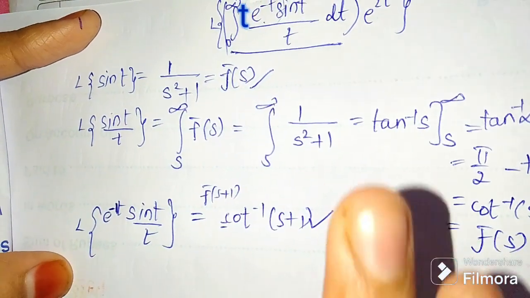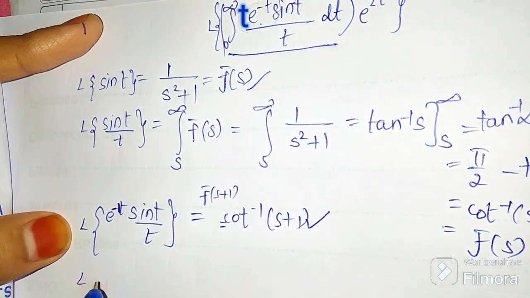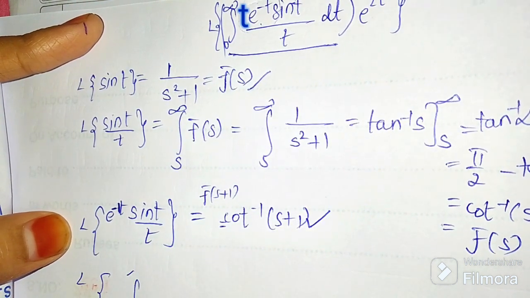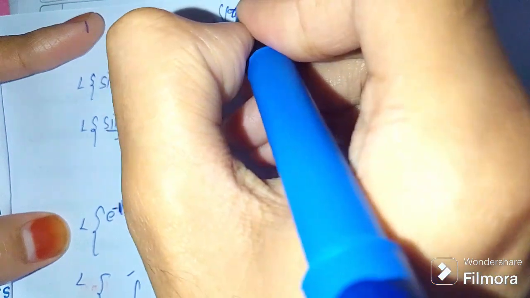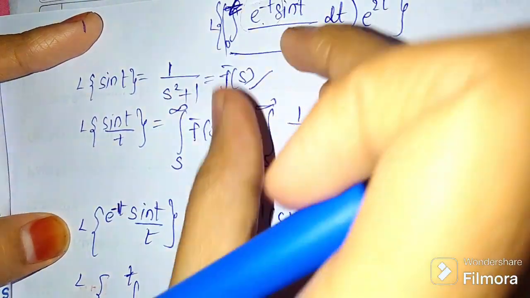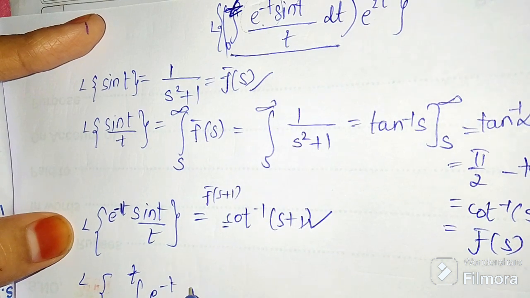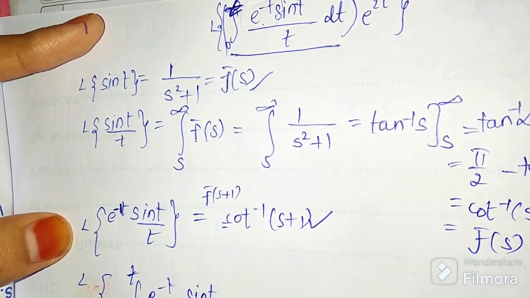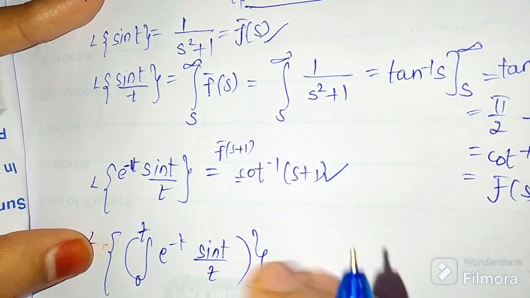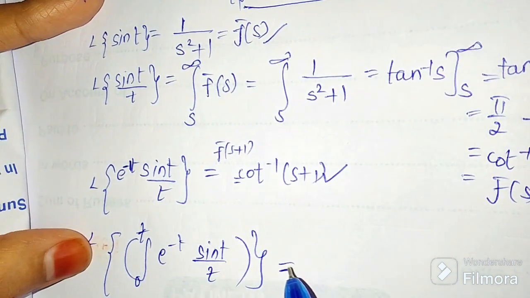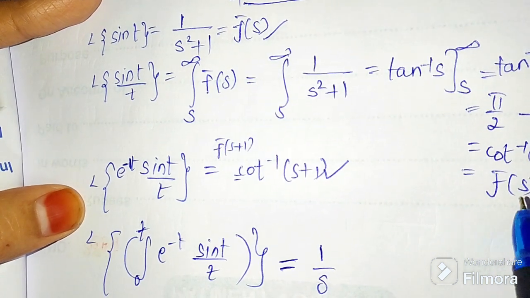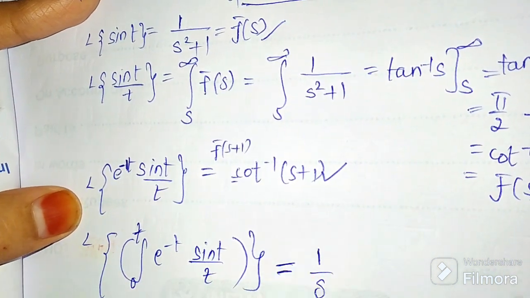Okay. What is the next step? Laplace of integral 0 to t, this thing. Which property? Integral by t property. What is the formula? 1 by s f bar of s.